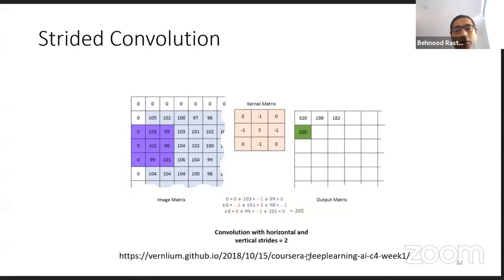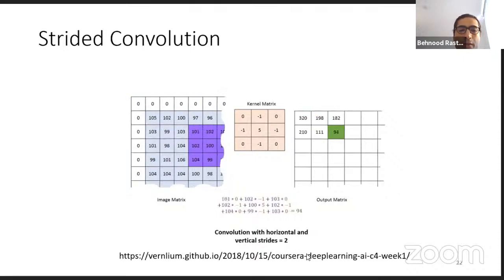Then we have strided convolution. As you see, instead of moving one value, in this case the stride is 2, you move your filter every other row and every other column.